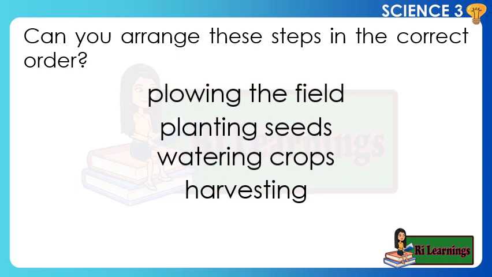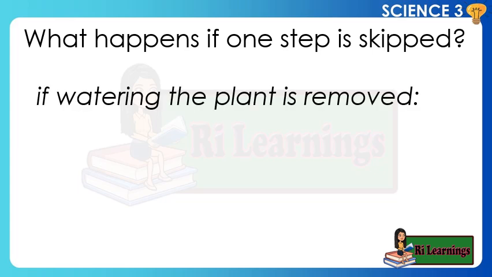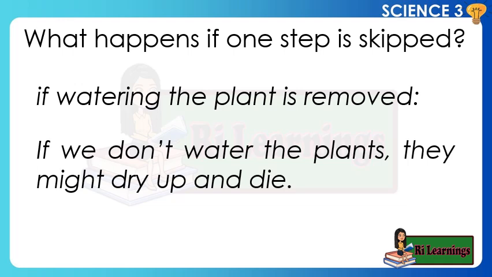The correct order: plowing the field, planting seeds, watering crops, harvesting. What happens if one step is skipped? If watering the plant is removed, if we don't water the plants, they might dry up and die.